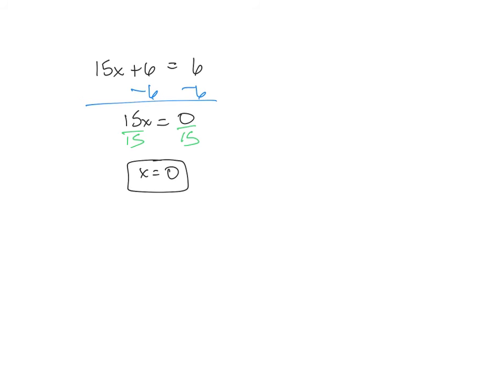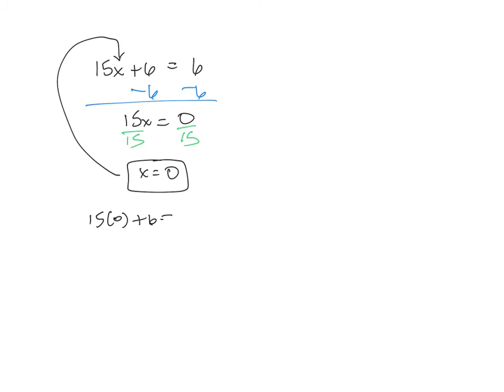0 is an answer. Some people see 0 and they want to write no solution. It just means that 0 is the number that I plug in to make the problem work. So if I were to take 0 and put it where the x is, 15 times 0 is 0. 0 plus 6 is 6, and 6 equals 6. So let me write that down.